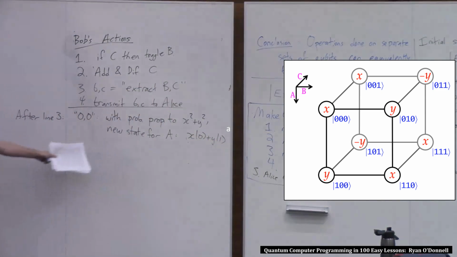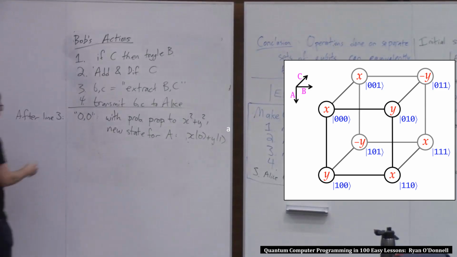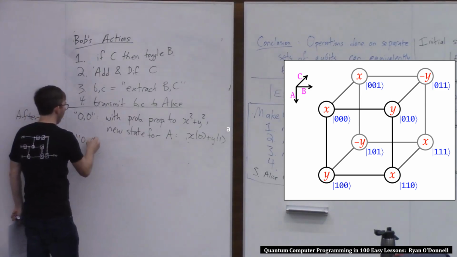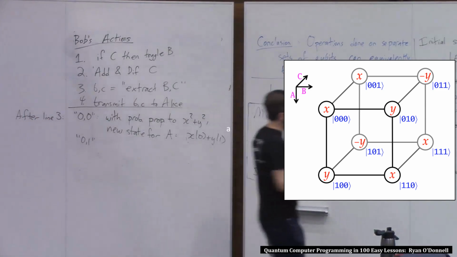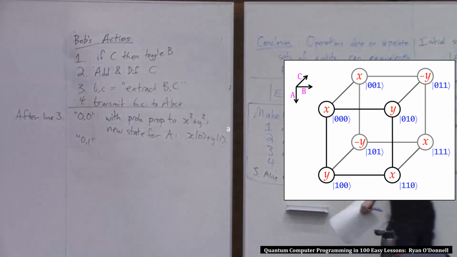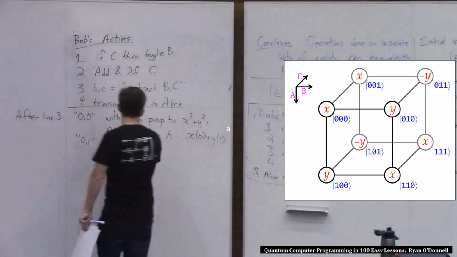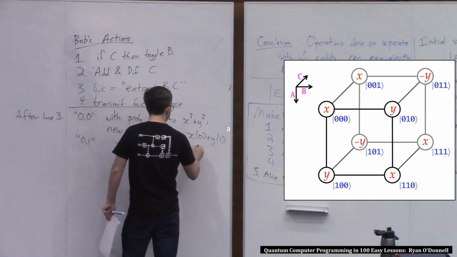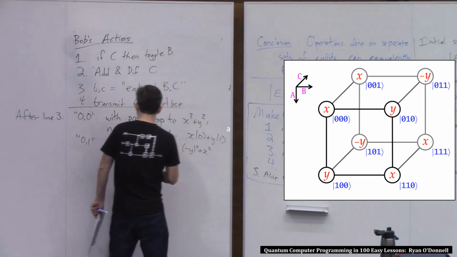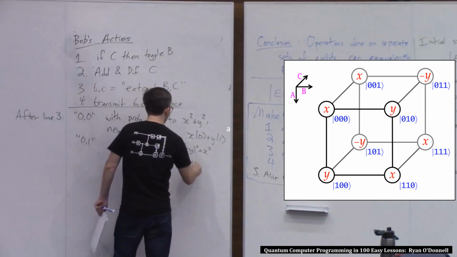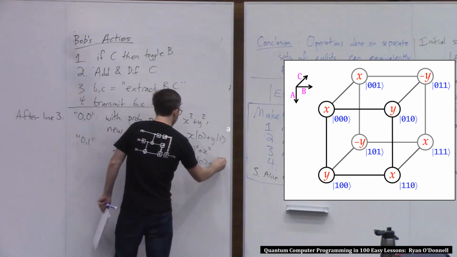So in that case, it's perfect. Then there's 0, 1. That's minus y, x. So with probability proportional to minus y squared plus x squared, the new state for A is minus y plus x.